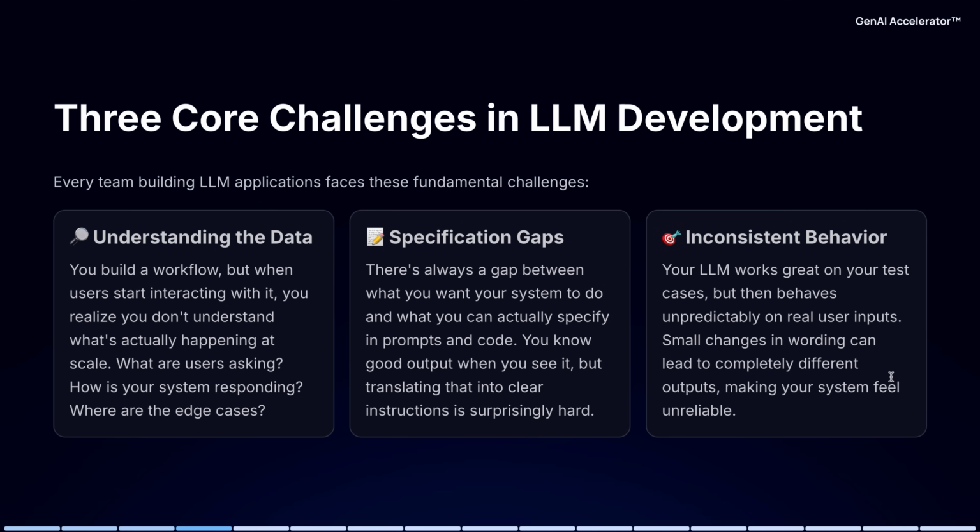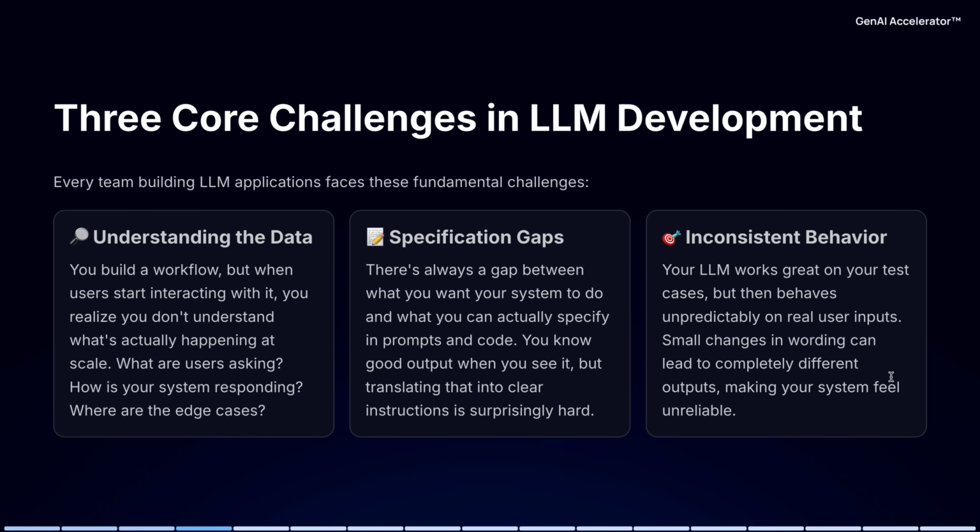So the three core challenges in LLM development are the following. So first of all, there is an understanding of the data. So when you build a workflow and when users start interacting with it, you realize you don't understand what's actually happening at scale. What are users asking? How is your system responding? What are the edge cases? So this is a challenge around the data, where when you run these examples, as you've also seen throughout us working with the project that we're working on, right?